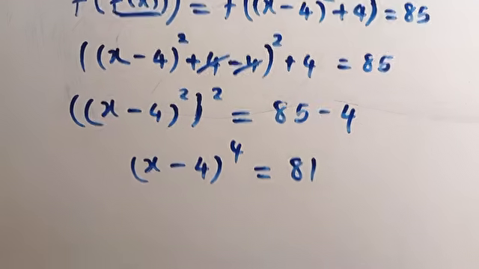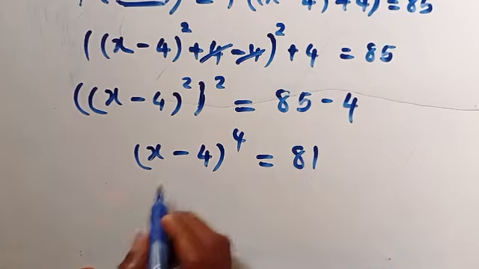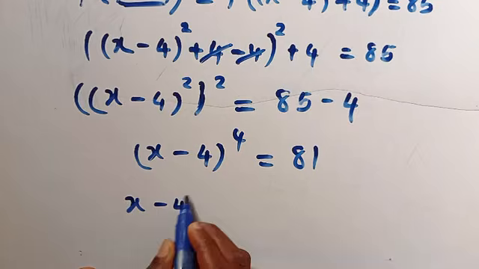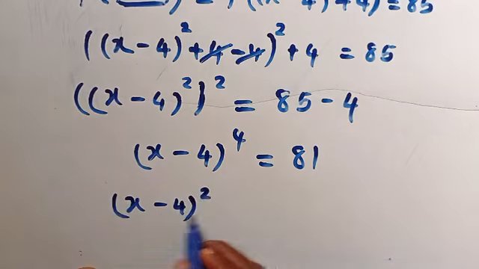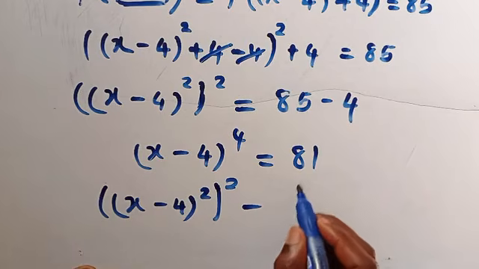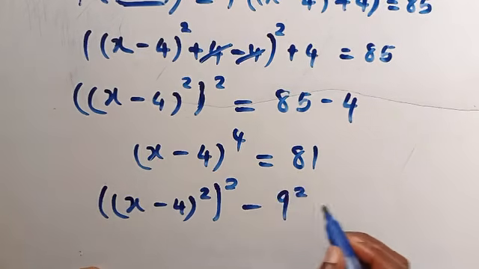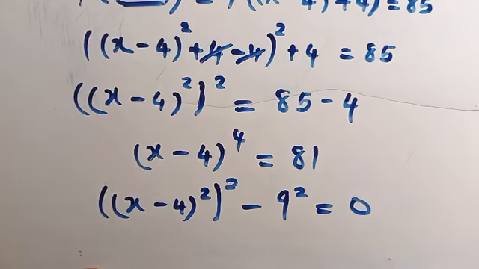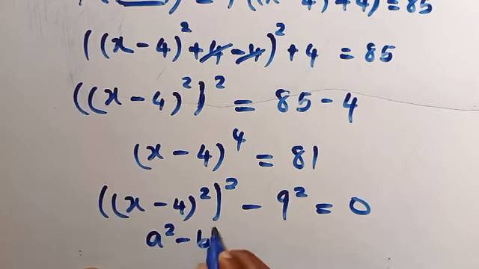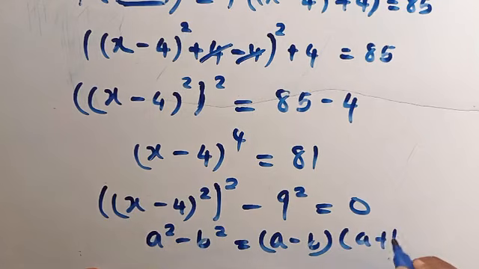And in the next step, we have to transfer this 81 to this side. We write x minus 4 raised to power 4 as x minus 4 raised to power 2, all raised to power 2, then minus 81. And 81 will come as 9 raised to power 2, everything equals 0. When we consider this expression, a squared minus b squared equals a minus b multiplied by a plus b.